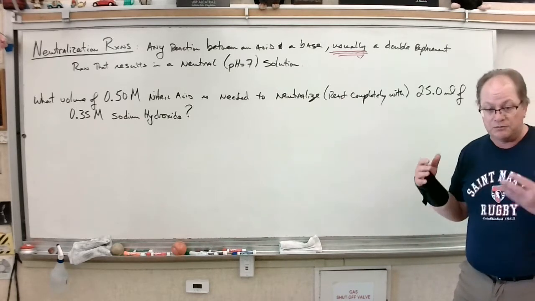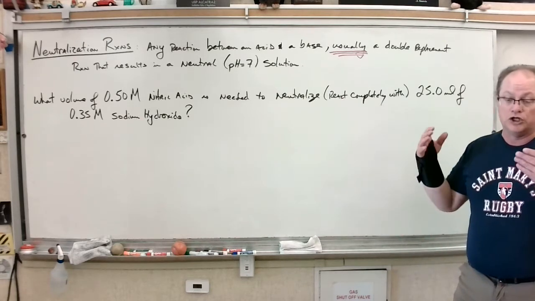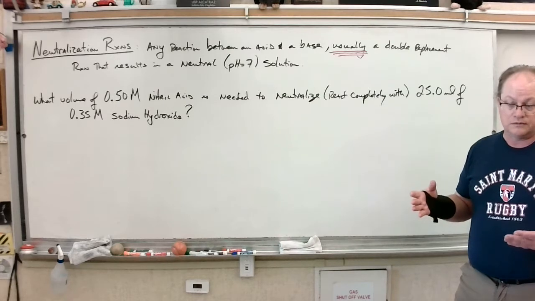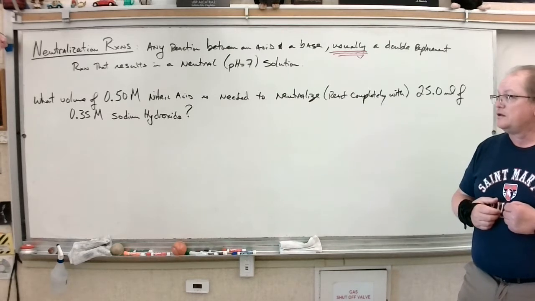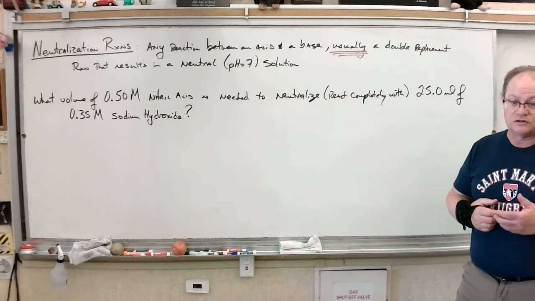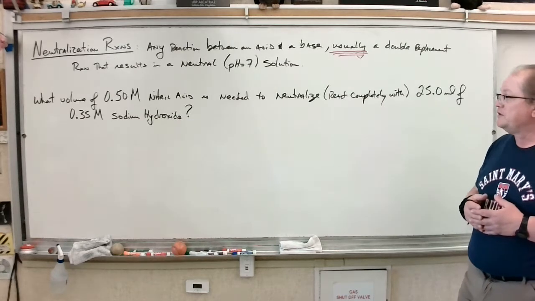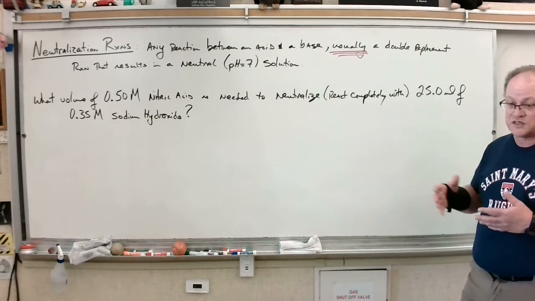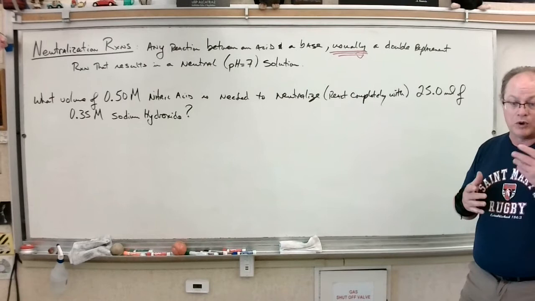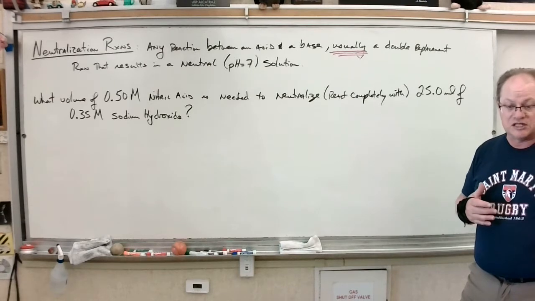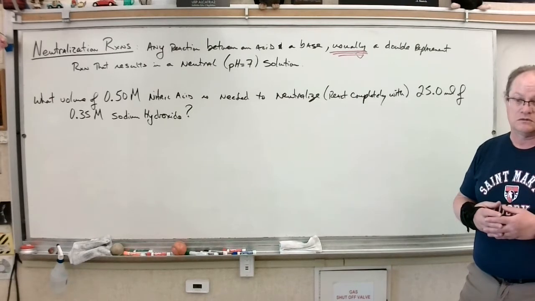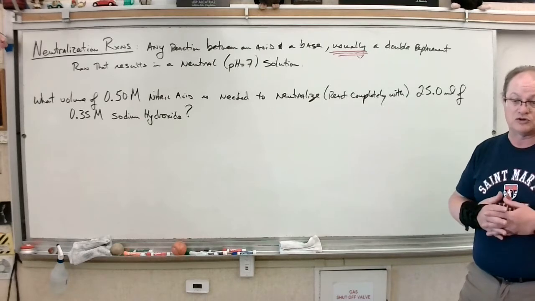We don't want any base left. We want neutral. This is, at its heart, simply a stoichiometry problem. We have information about one substance, but we want to know something about a different substance. That's what stoichiometry is.